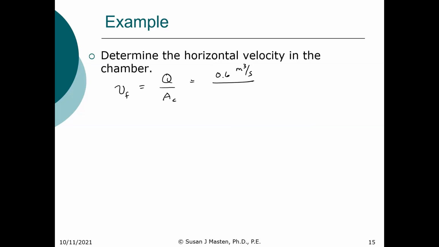The cross-sectional area is our height or depth times width, and that is equal to 0.6 divided by 1 meter times 3.5 meters, and that is equal to 0.17 meters per second. So we now have the full design of a grit chamber.